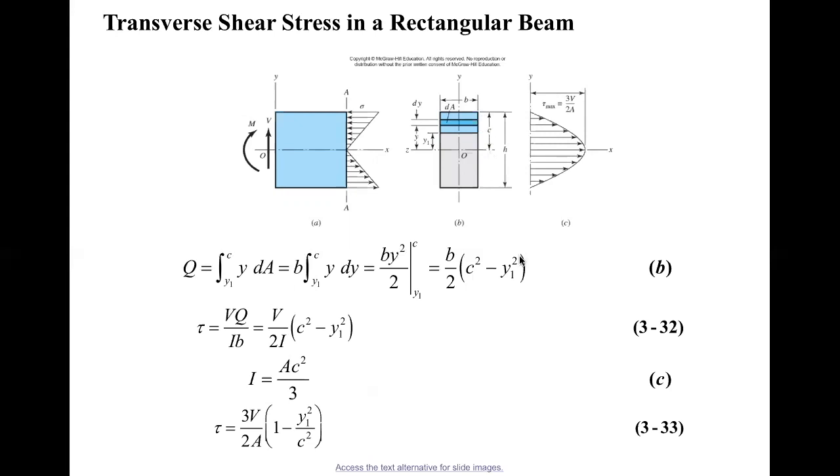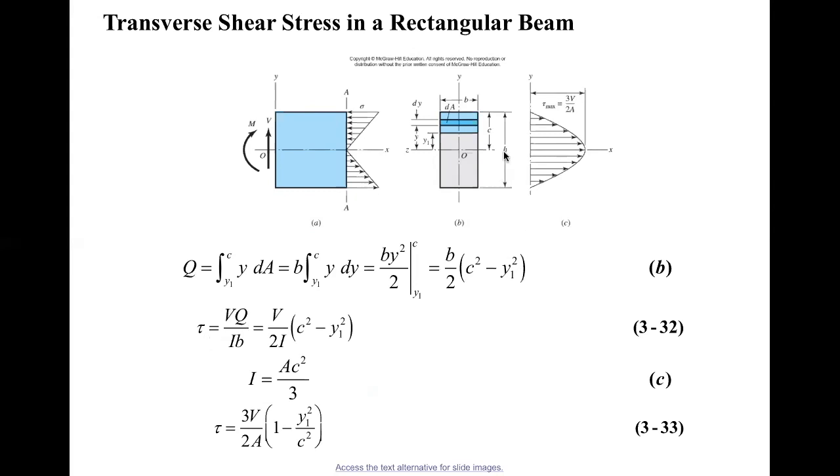And y1, on the neutral axis, what is y1? On the neutral axis, y1 will be 0. If y1 equals 0, Q will be maximum, because of the minus y1 squared. If y1 equals c, y1 gets the maximum value, and then you end up with Q equal to 0. This is a little bit out of expectation. On the surface, when y1 equals c, Q will be 0. Therefore, shear stress will be 0.